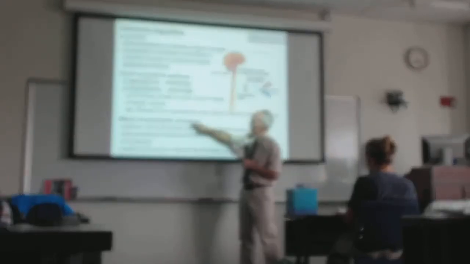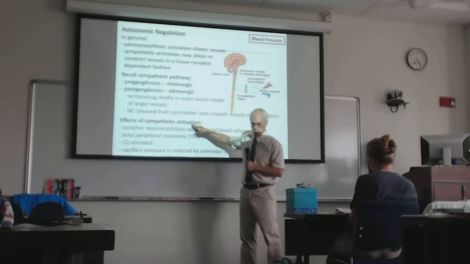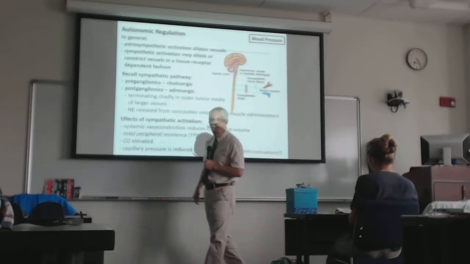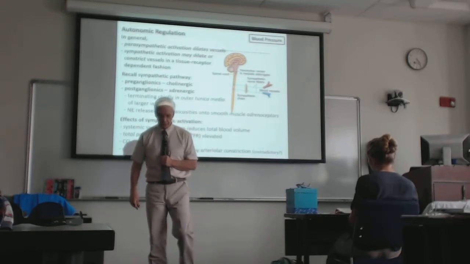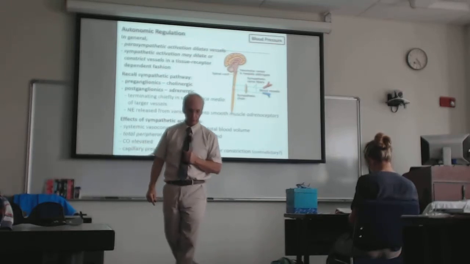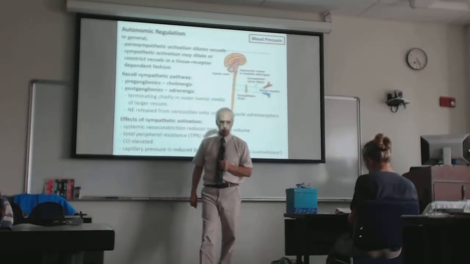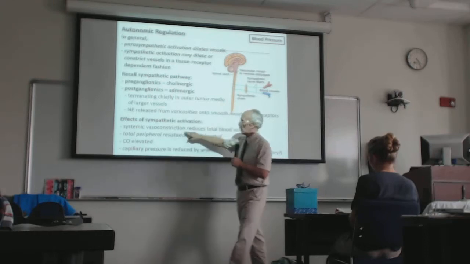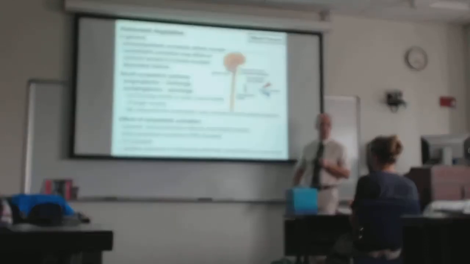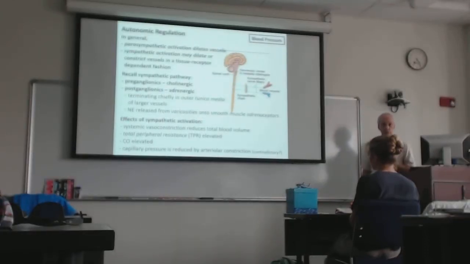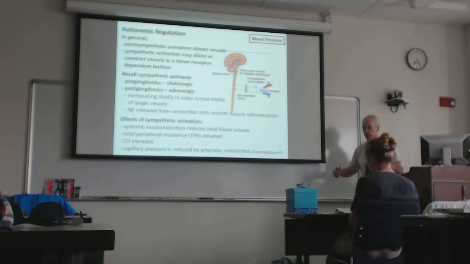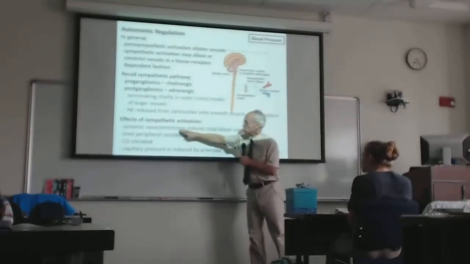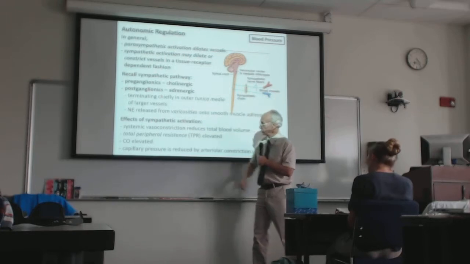Let's say sympathetic activation affects blood vessels of smooth muscle in the GI tract. What's going to happen there? Vasoconstriction. What about skeletal muscle? Sympathetic activation causes dilation. So once again, be sure that you understand this is going to be tissue specific.